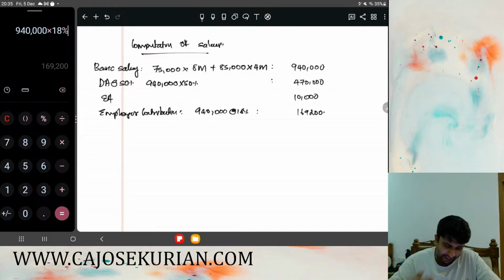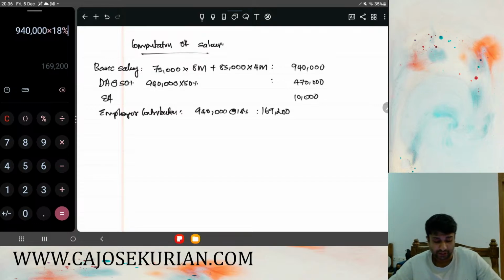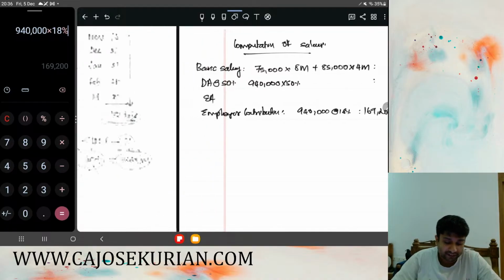Employer contribution was 18 percentage of his salary, right? So we will write that employer contribution, that is 1,69,200. Now for employer contribution, you will get an exemption. But that exemption is subject to 12% of basic salary plus DA forming part of retirement benefit plus commission if it is expressed as a fixed percentage of turnover.